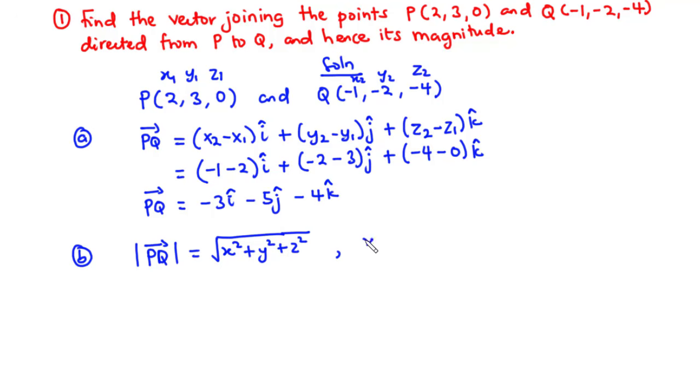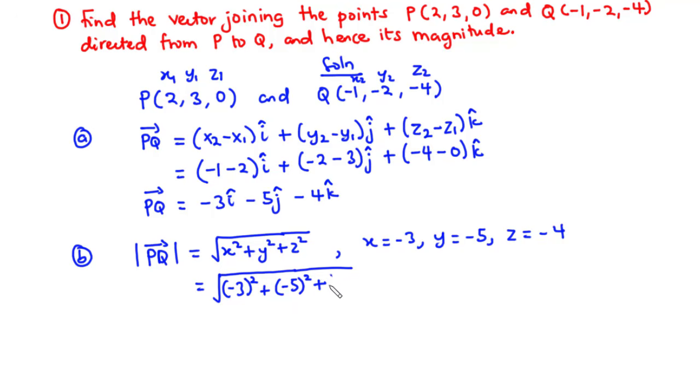Now we have the x component to be -3, the y component to be -5, and also the z component to be -4. So let's substitute that in here. So this is going to be the square root of (-3) squared plus (-5) squared plus (-4) squared.